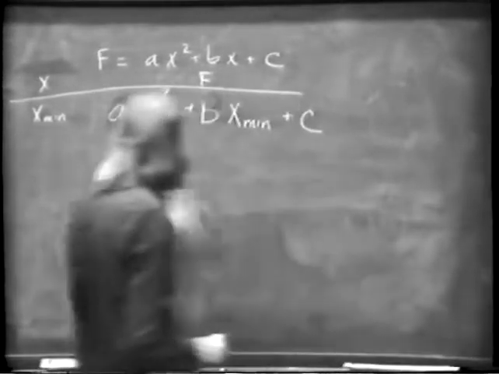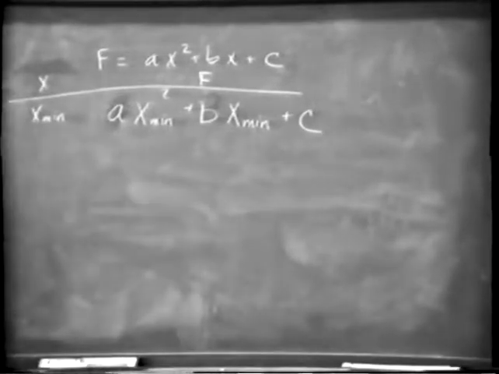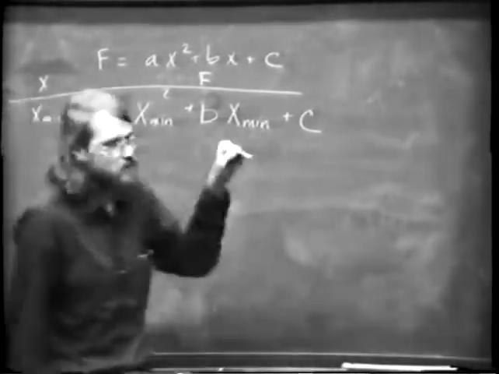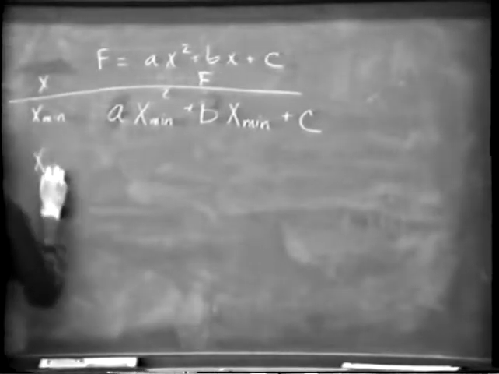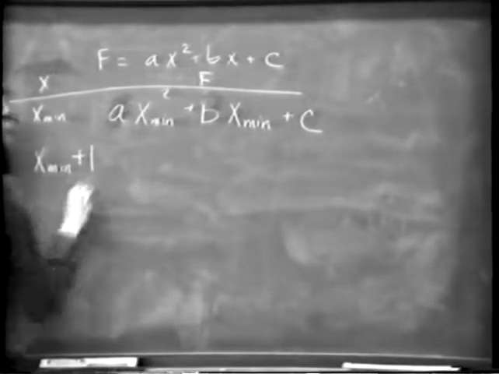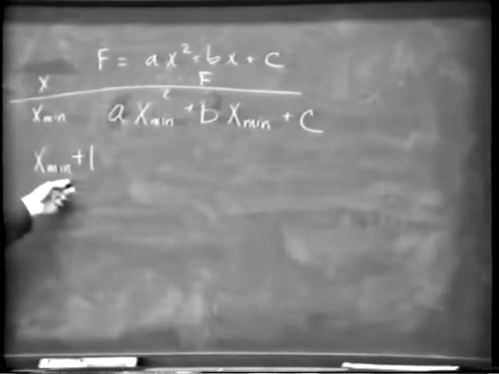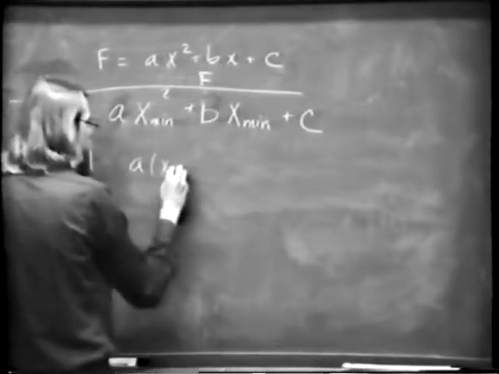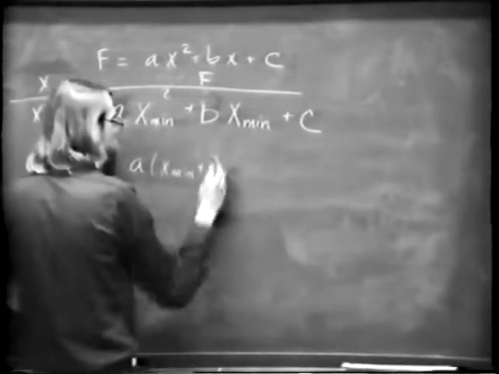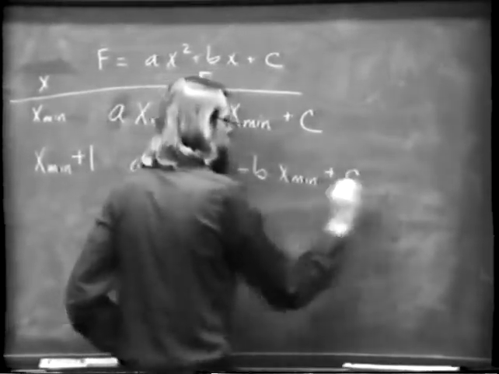But the initial x that you use here, on the next pixel over to the right of that, x is just 1 bigger than it was, right? So you're going to be interested in f of x min plus 1. Well, let's plug that into here and see what we get. A x min plus 1 squared plus b x min plus c.